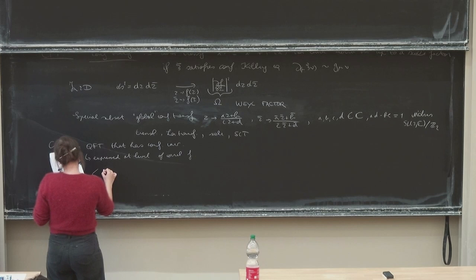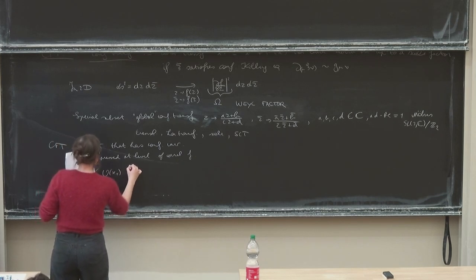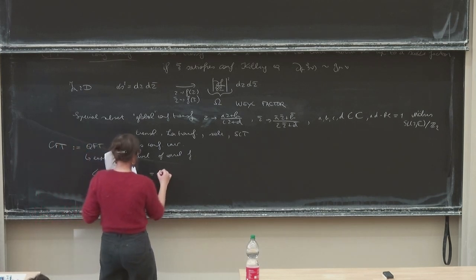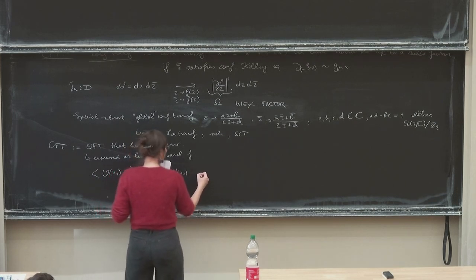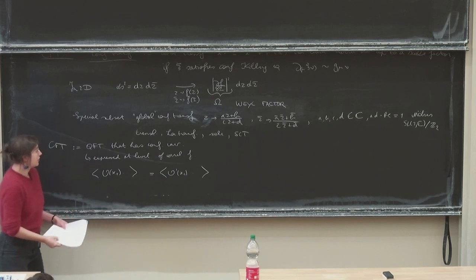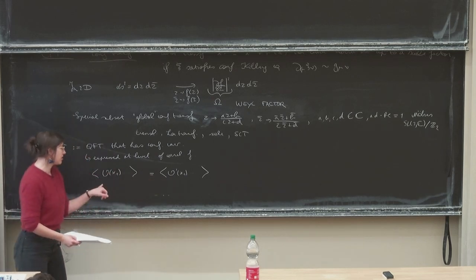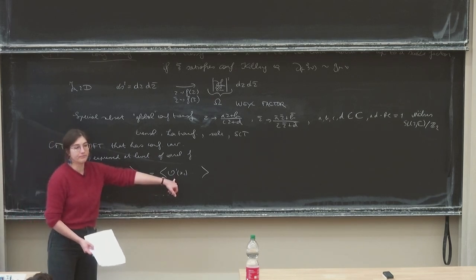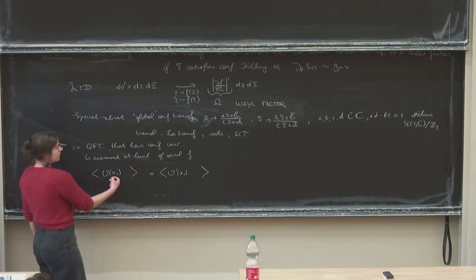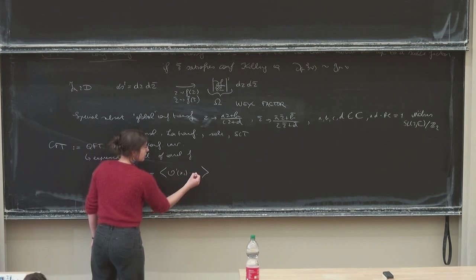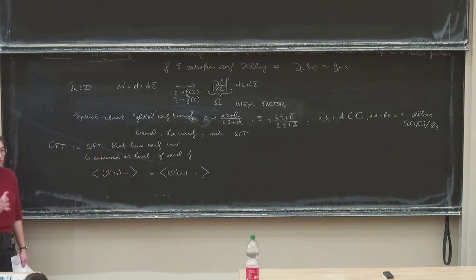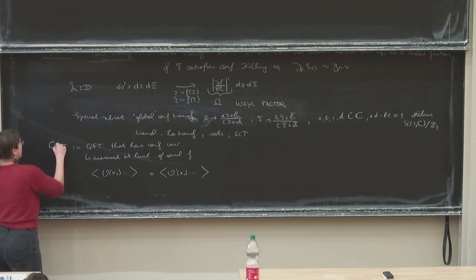Namely that the correlation function of the operators remains invariant under a conformal transformation that changes the operator from O to O prime. Okay, so I have an operator in one point and then a bunch of other operators in other points. So this is just a general notation for a general correlator that is conformally invariant in a CFT.